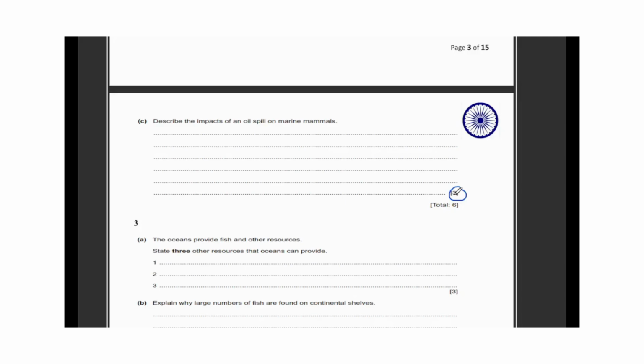So the first thing that happens is, when there is an oil spill, oil is toxic to marine animals, as this oil enters their body. They may get suffocation and they may die. This is one of the points.